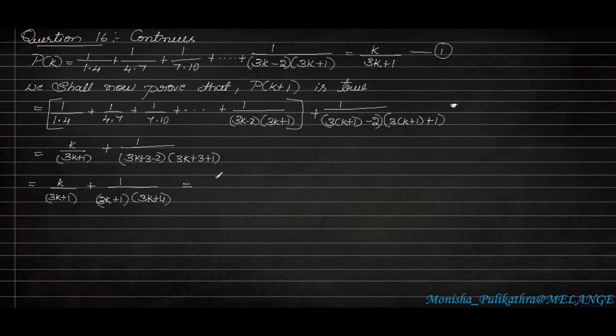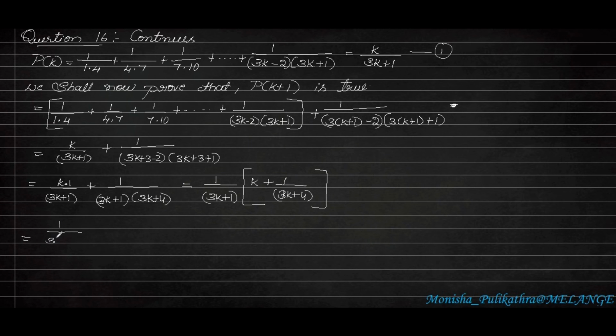If you take 1 by 3k plus 1 as common, after taking common, the remaining will be k plus 1 by 3k plus 4.